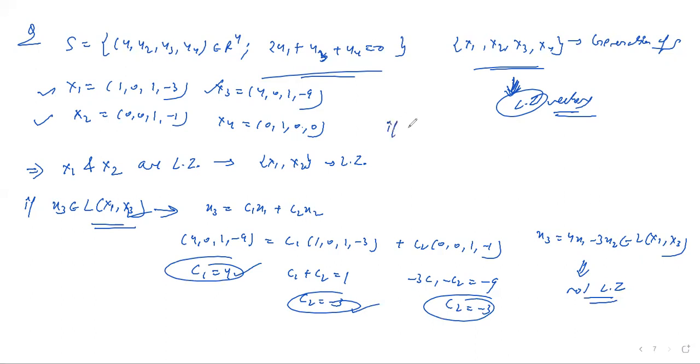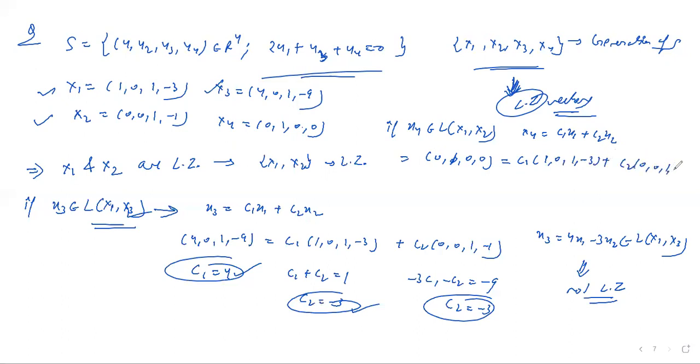Now let's check whether the vector x4 is spanned by these vectors. So (0, 1, 0, 0) equals c1 x1 plus c2 x2, as I have done for x3. So c1 times (1, 0, 1, -3) plus c2 times (0, 0, 1, -1).